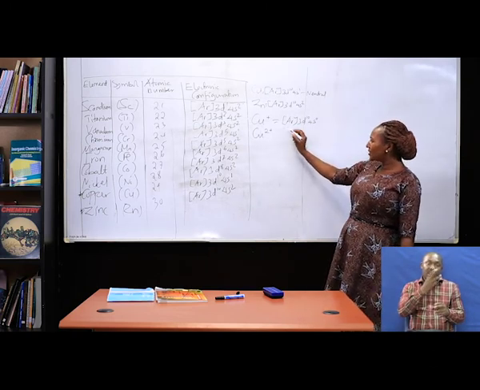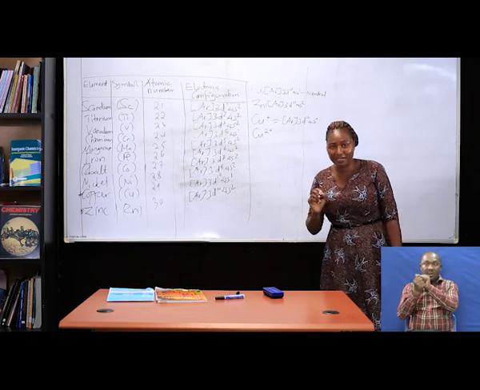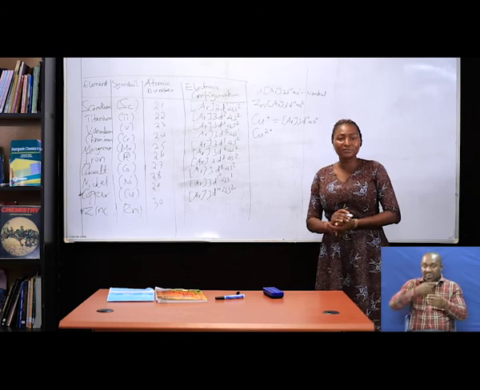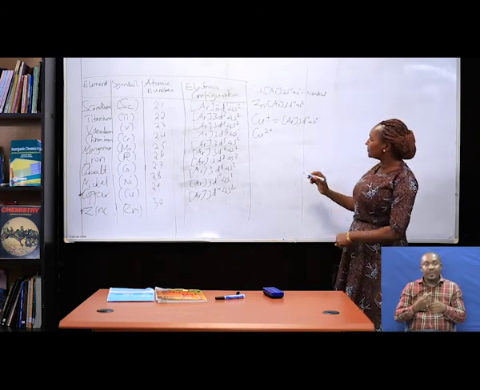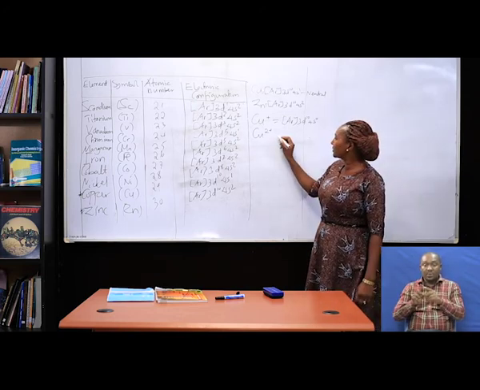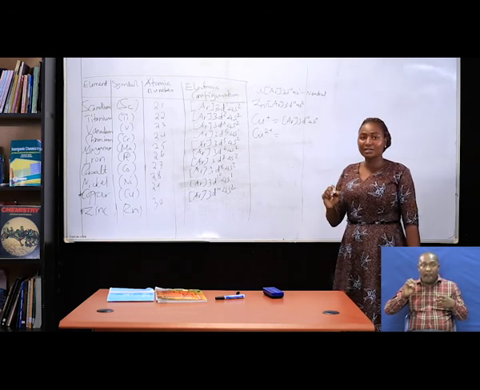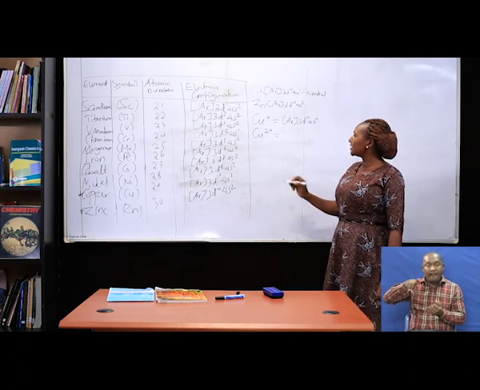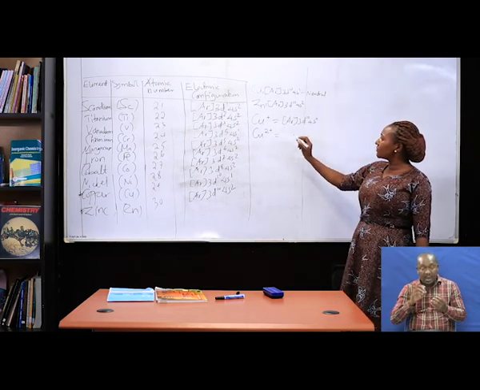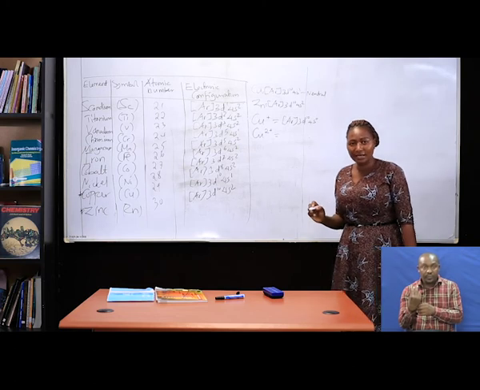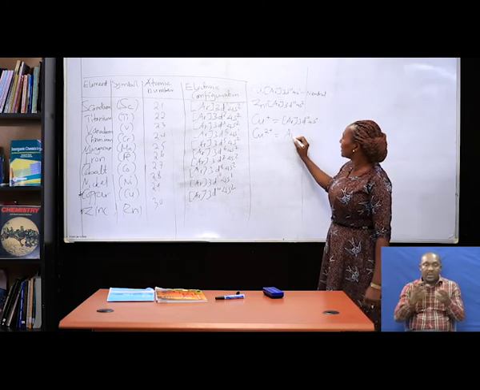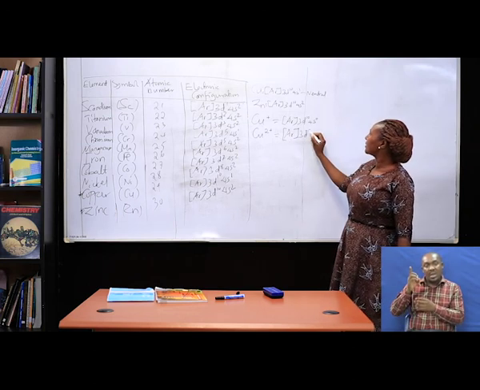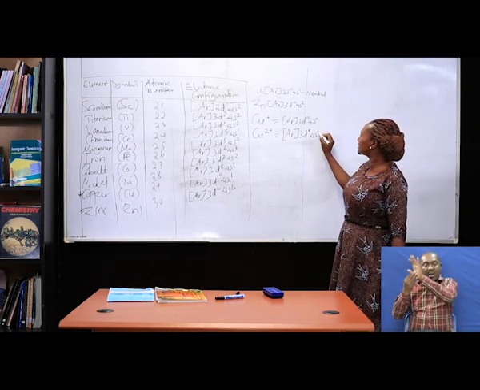So you can see copper 1 does not qualify to be called a transition element because the d orbital is fulfilled. But when you come to copper 2, formed during the formation of compounds, the electronic configuration of copper 2 can be written as argon 3d9 4s0.